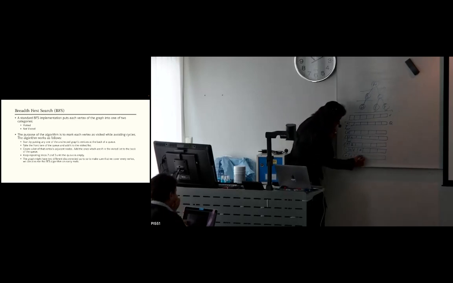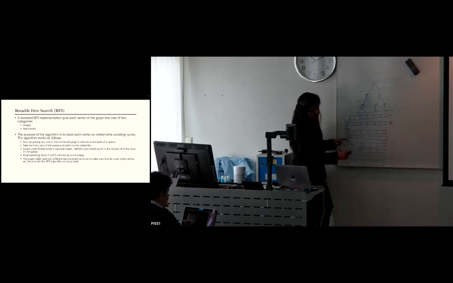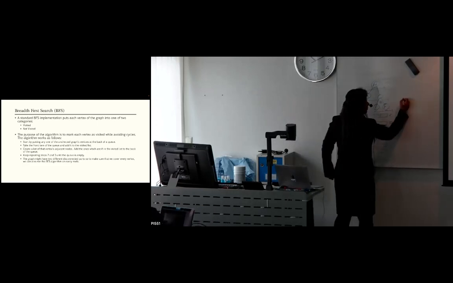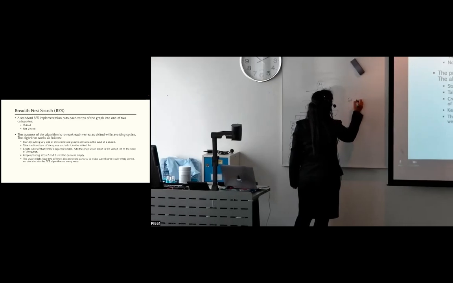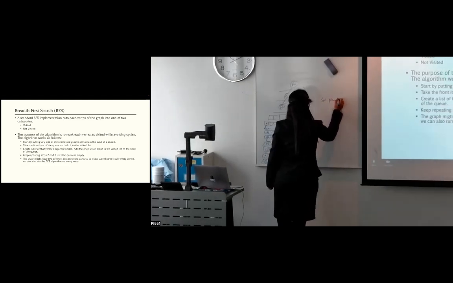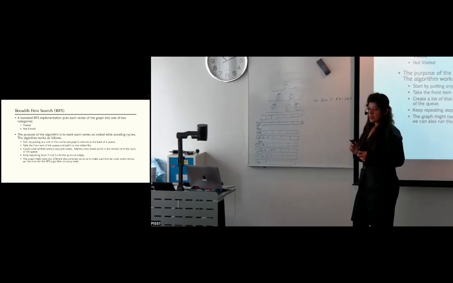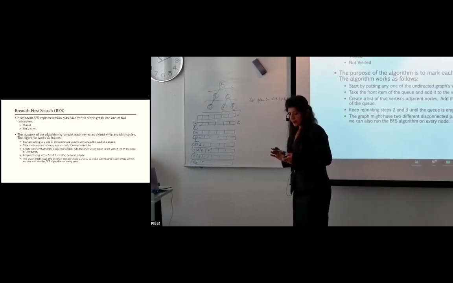C, D, E, F. And it will just keep moving forward to the visited list one by one. So the ultimate solution plan would be A, B, C, D, E, F. So this is the breadth first search.